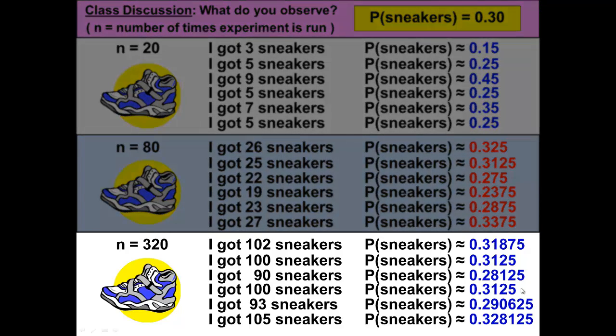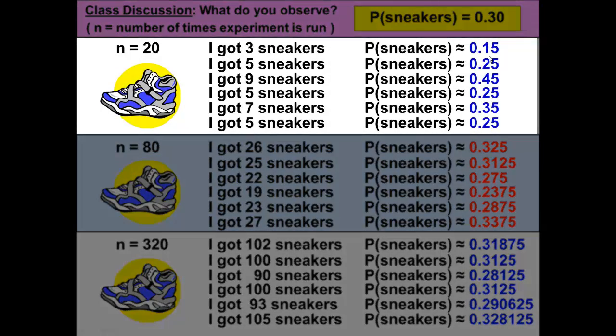The numbers here at the bottom set, where the number of experiments was 320, were much closer to 0.30 than the numbers here, where they were kind of all over the place.